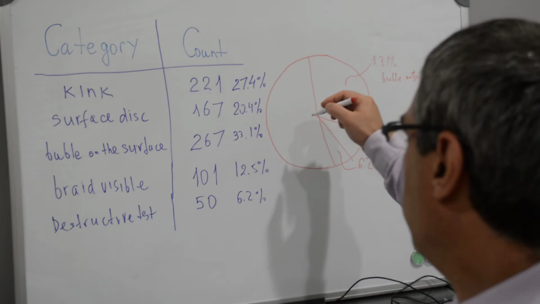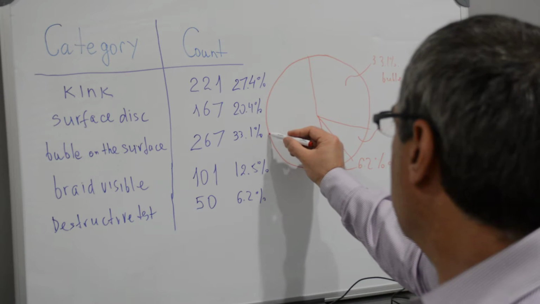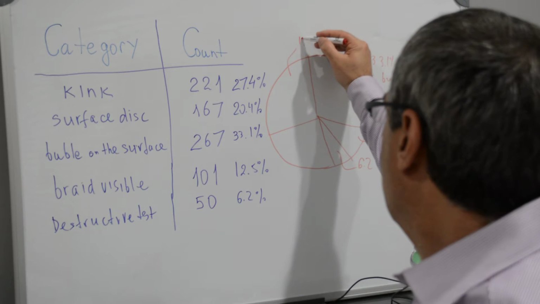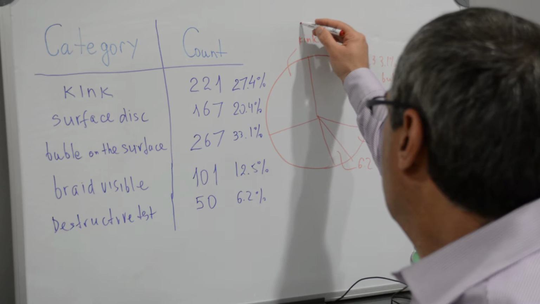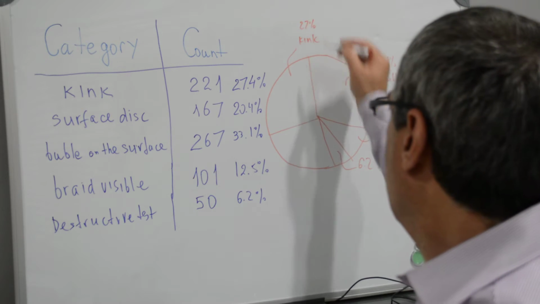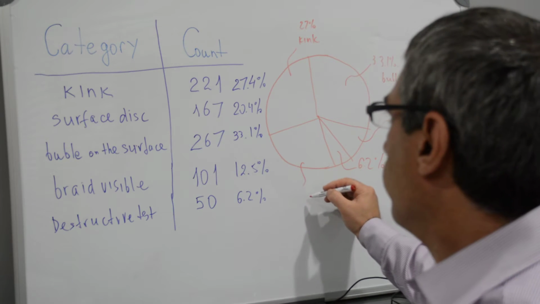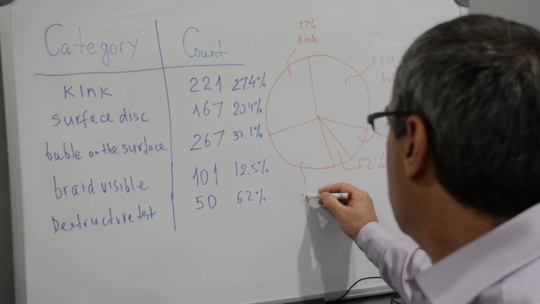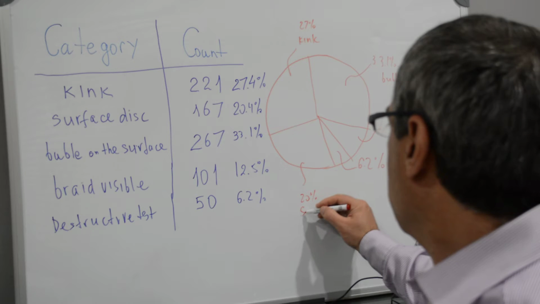Then 27% kink. And 20% surface discoloration.